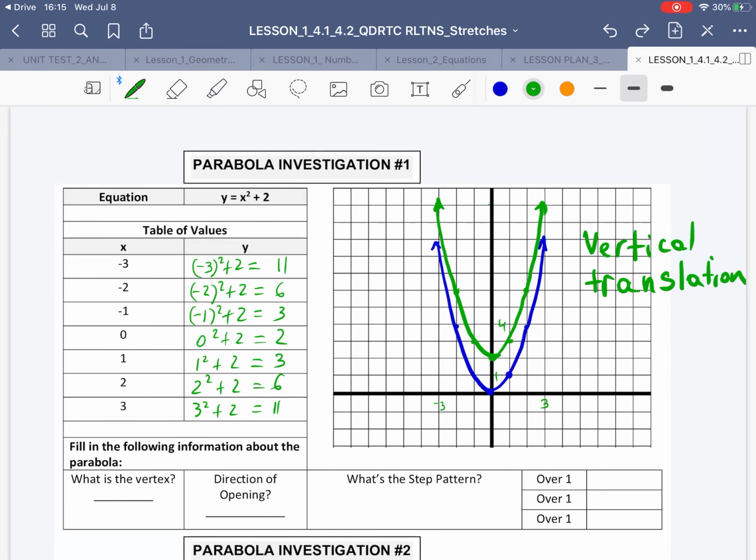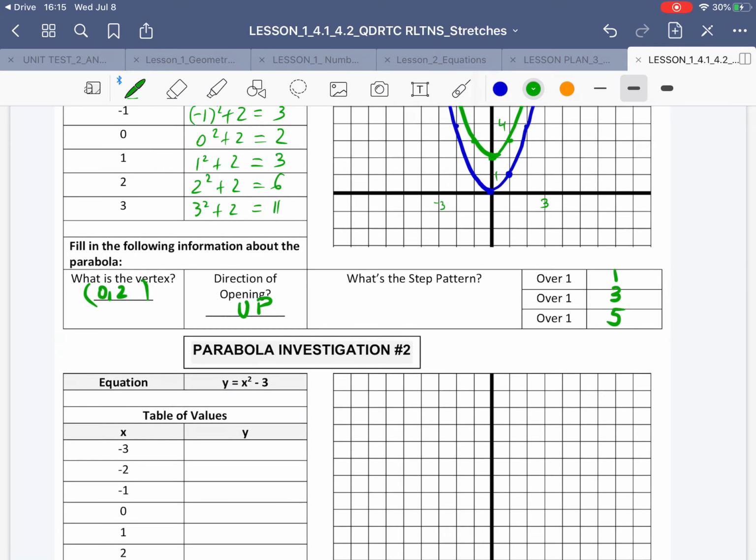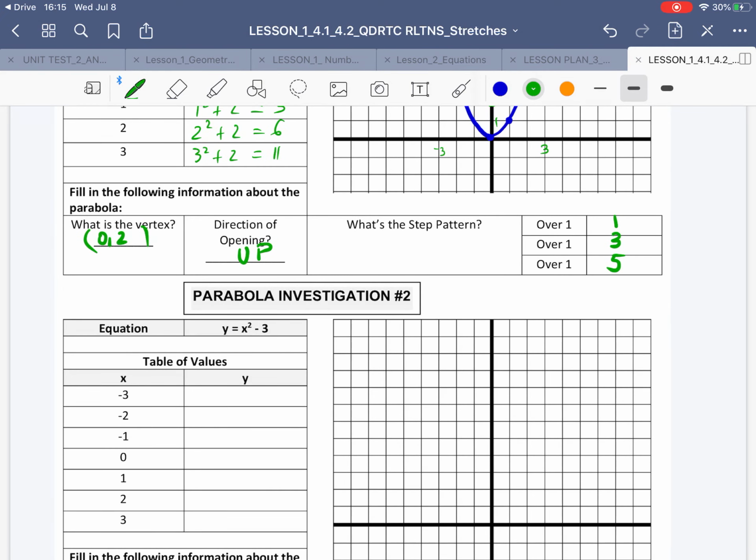So, what are the coordinates of the vertex? The vertex is at 0, 2. The direction of opening is up, and the step pattern hasn't changed, so we're still going over 1 up 1, over 1 up 3, over 1 up 5. So it's 1, 3, 5 still.